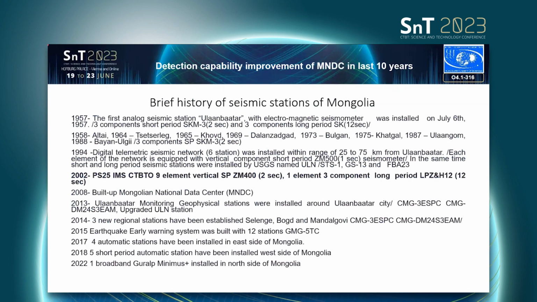In 2017, 4 automatic stations were installed on the east side of Mongolia, and in 2018, 5 short period automatic stations were installed on the west side of Mongolia. At last, in 2020, a broadband station was installed on the north side of Mongolia, because in 2021 a big earthquake of magnitude around 6.4 occurred in the north, at Khuvsgul Lake.